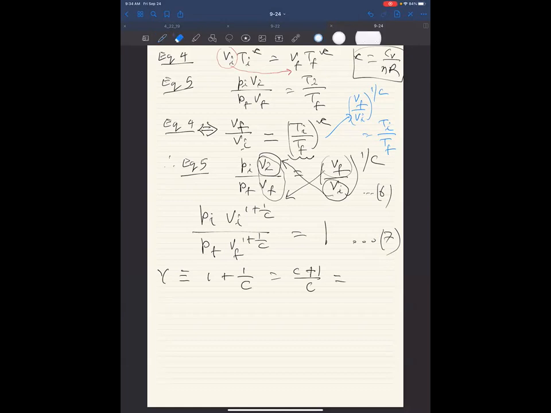C is CV by NR. So this is CV by NR plus 1 divided by CV by NR. Or gamma is equal to CV plus NR divided by CV.